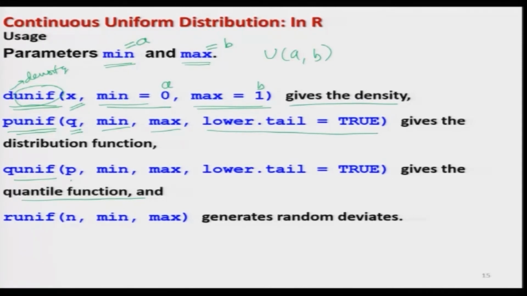Here also you give the value at which you want to compute the quantile, then the minimum and maximum values, which are A and B, and then lower.tail equal to TRUE. And similarly, if you want to generate random numbers from the uniform (a, b) distribution, you use the command runif with arguments n, minimum, maximum. That means it will give you n numbers in the range between minimum and maximum, right.